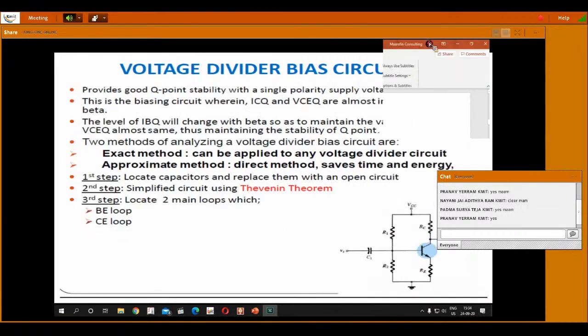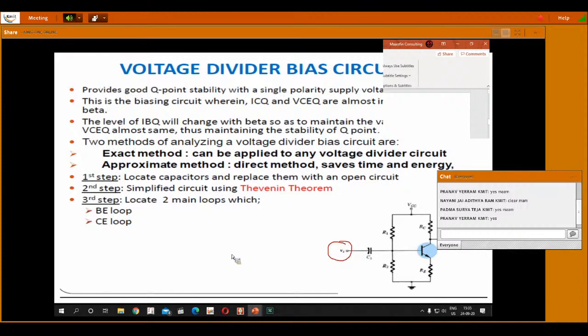So in your common emitter configuration, your input Vi is coupled to a coupling capacitor C1, and we collect your output using a coupling capacitor C2.